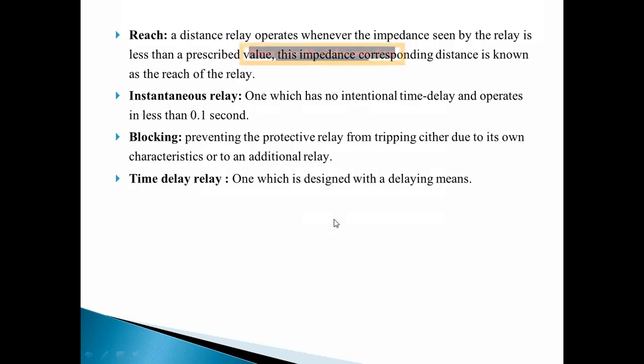So this relay, a distance relay, operates whenever the impedance seen by the relay is less than the prescribed value. Depending on the distance, it is known as the reach of the relay. Reach of the relay means it is a distance relay.